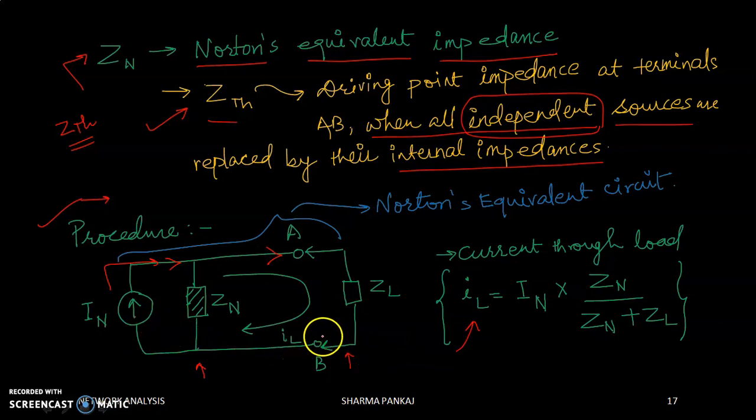So the load current is flowing across this ZL, and we are going to find IL. IL is equal to, first we write the total current of the circuit, that is IN, into the impedance in the neighboring branch, not the branch through which IL is flowing, divided by the total impedance of the parallel paths, Zn plus ZL.